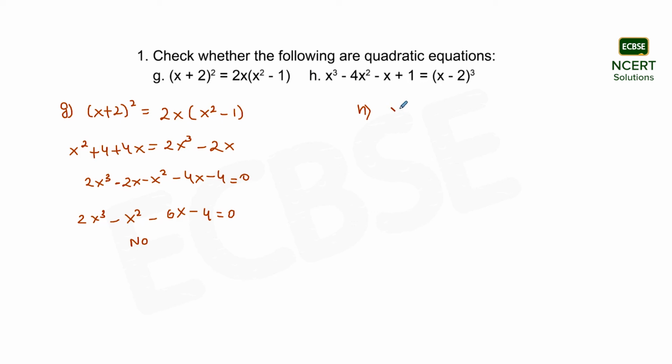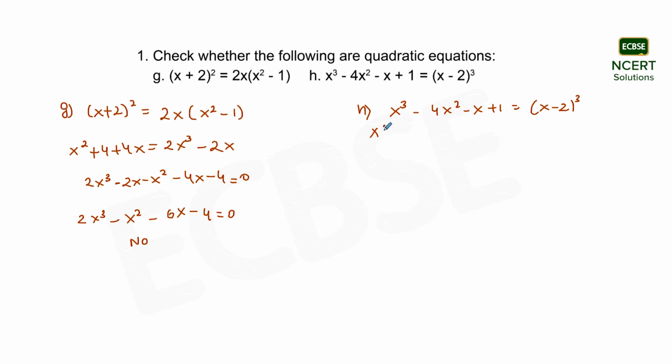Now coming to the h part, here the equation being provided is x cube minus 4x square minus x plus 1 is equals to (x minus 2) whole cube. Now, just by seeing the equation, we can't conclude whether this will be a cubic, a quadratic or a linear equation. We need to solve this and convert it into the standard form, and then only we will make any conclusion, right? So here we can easily apply the identity (a minus b) whole cube.